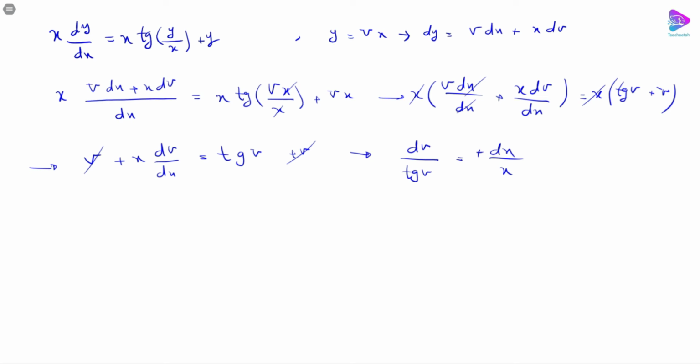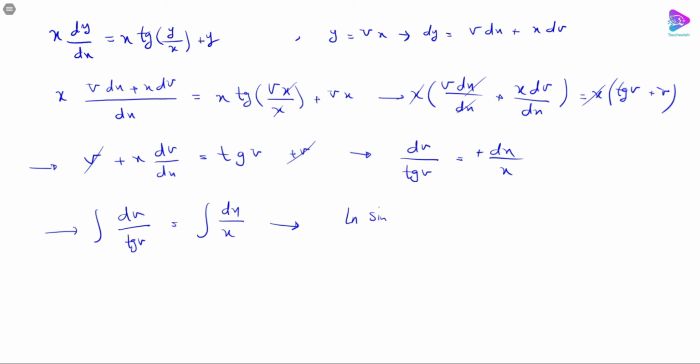So that being said, this is solvable now, right? So if I integrate dv over tan v, this is easily solvable.